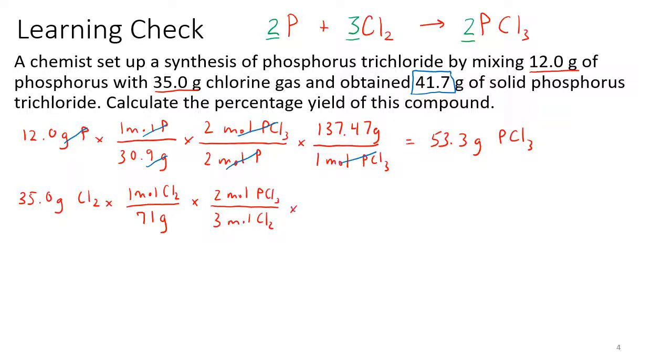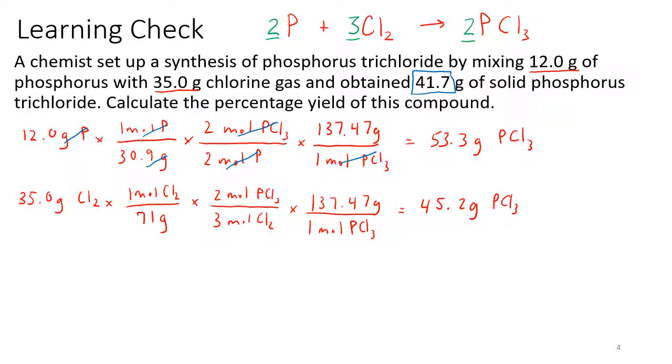And then lastly, moles back to grams using the same molar mass as before. 1 mole of PCl3 is 137.47 grams. Remember, if the molar masses are not given to you, you're going to have to calculate them. And if all the chlorine reacts, we should get that 45.2 grams of our PCl3 could be formed.